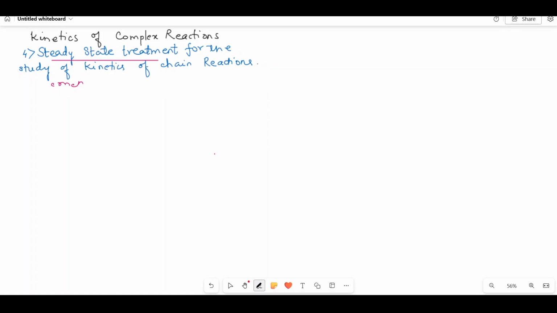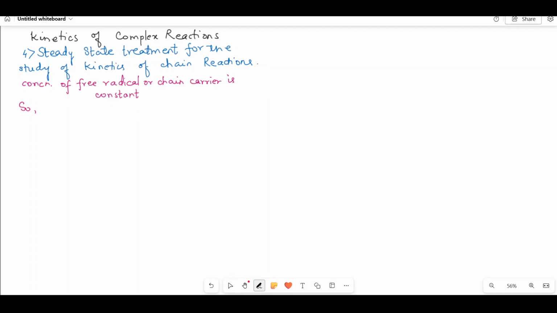According to this steady state treatment, the concentration of free radical chain carrier is constant at any instant.